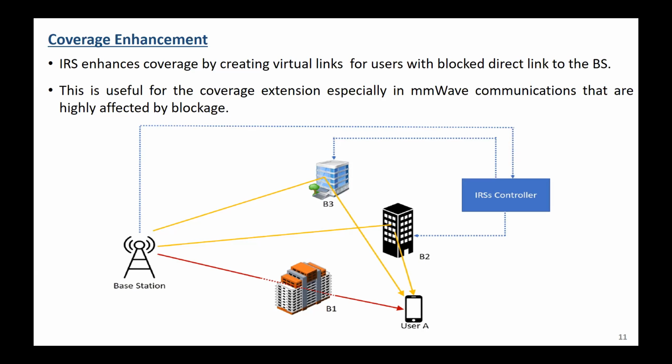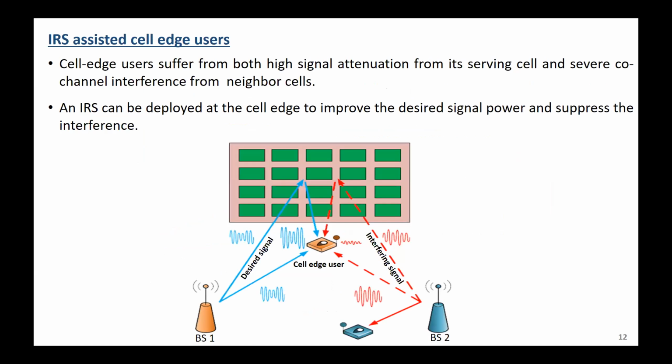Another use case is deploying this IRS to improve the SNR of a cell edge user, where cell edge users suffer from both high signal attenuation from the serving cell and also high interfering power from the nearby cell.